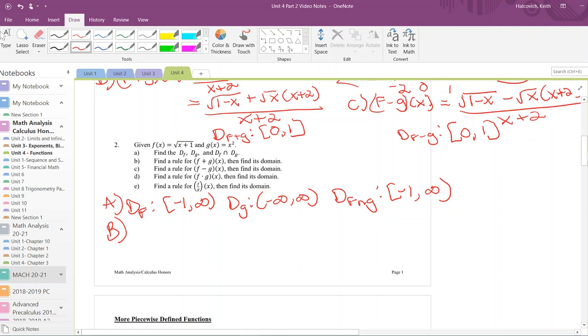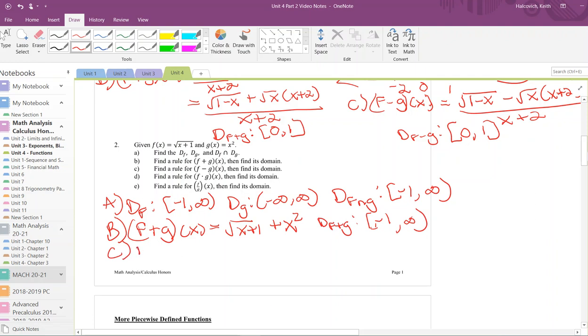For part B, f plus g of x, when you add the two together, you get the square root of x plus 1 plus x squared, where the domain of f plus g is from negative 1 to infinity.